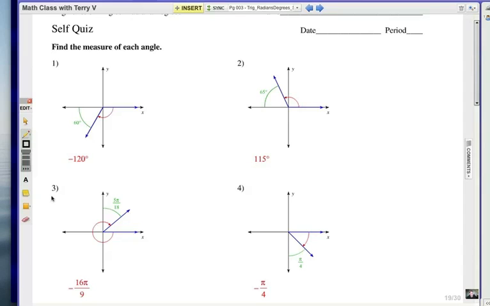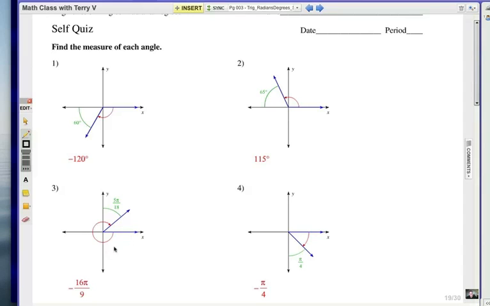115. Number 3, now we're getting into radians. And notice how you're going completely flat in a negative direction, so that's going to be negative pi, and then you have this much left. So figuring out logically and noticing the denominator here, if it's 18/18 pi, that's a complete half turn.